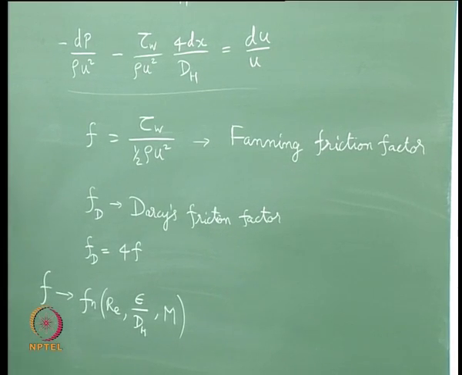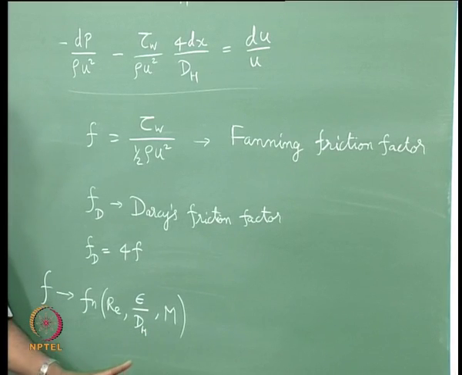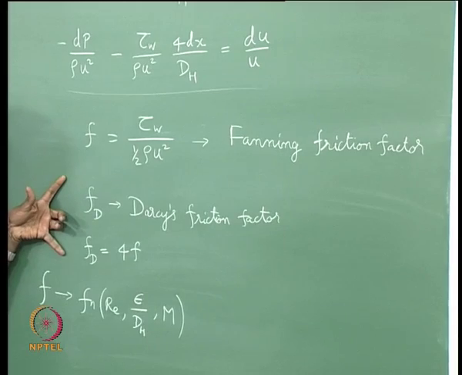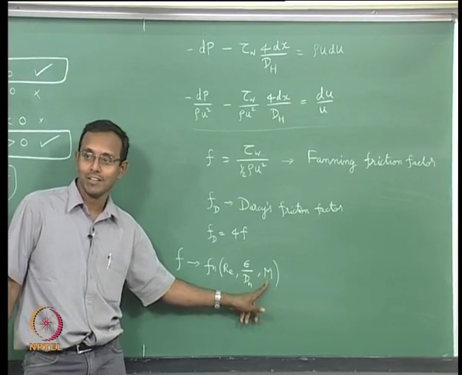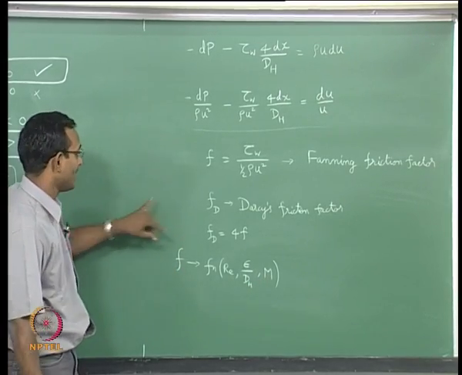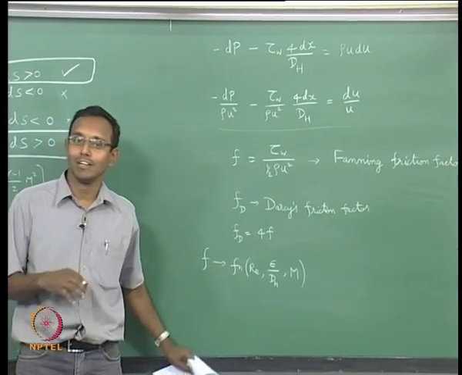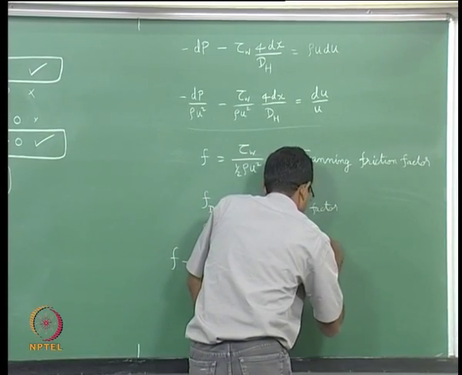This function is an extremely weak function of Mach number. So I will use the charts used by incompressible flow people, because Mach number is not a very serious factor and my f value will not be very much off. So I am going to use Darcy's friction factor. Typically in all incompressible flow books, they will give you something called a Moody chart.